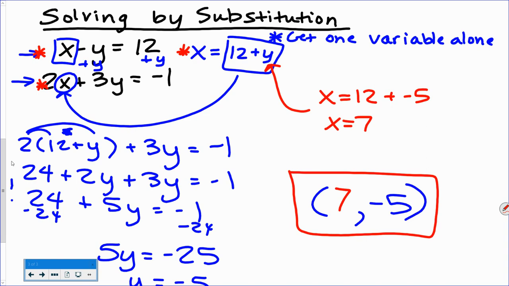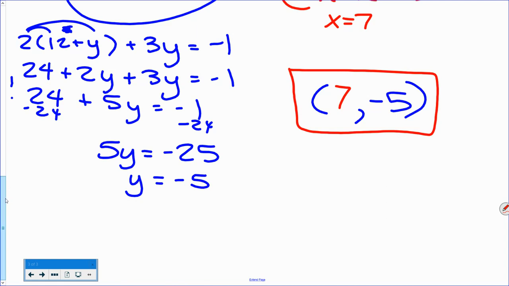Okay. There's a second method that we could do to solve it algebraically, and that is solving by elimination.